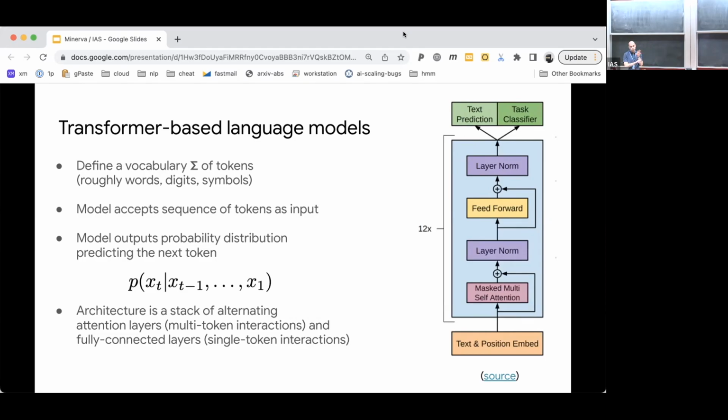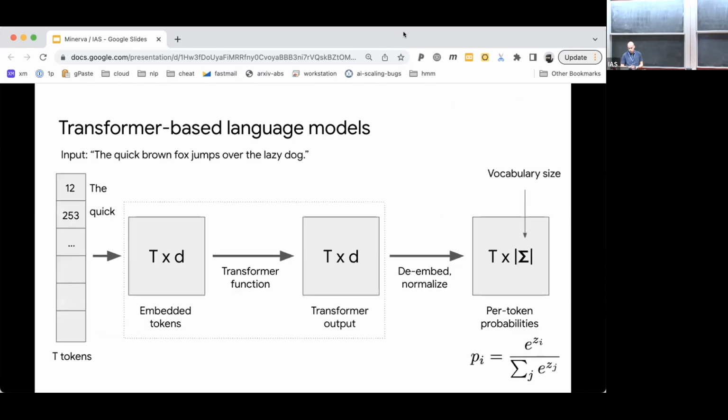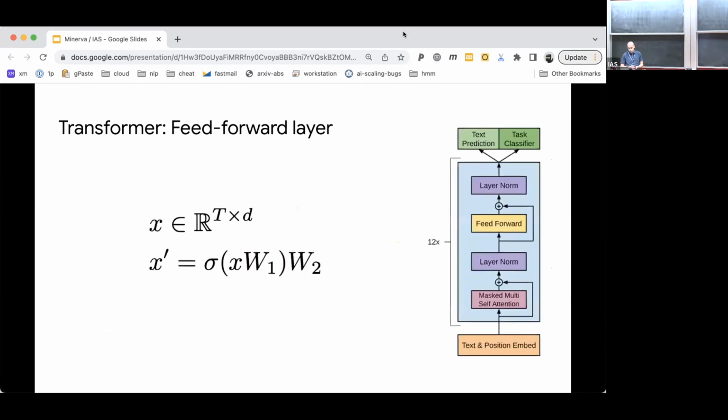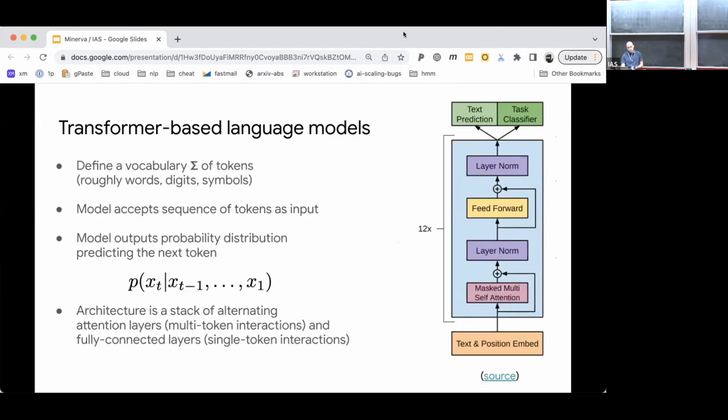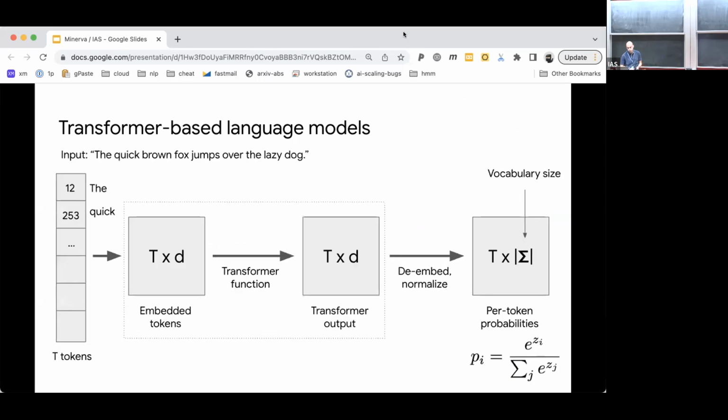I'm going to focus on these two kinds of layers, the attention and feed-forward. Everything else is less important. Each of the vertical black arrows represents many tokens, all the tokens, with every token represented by a person.